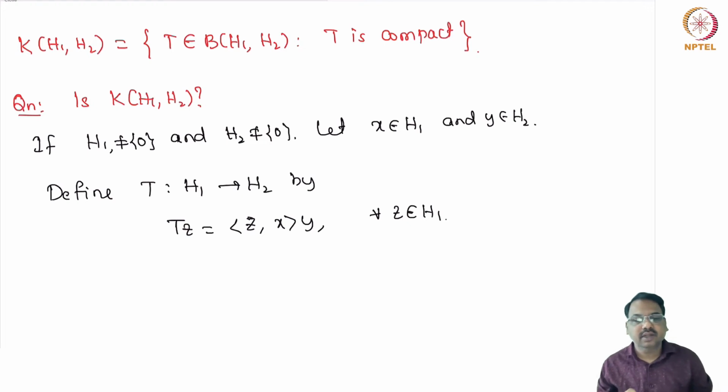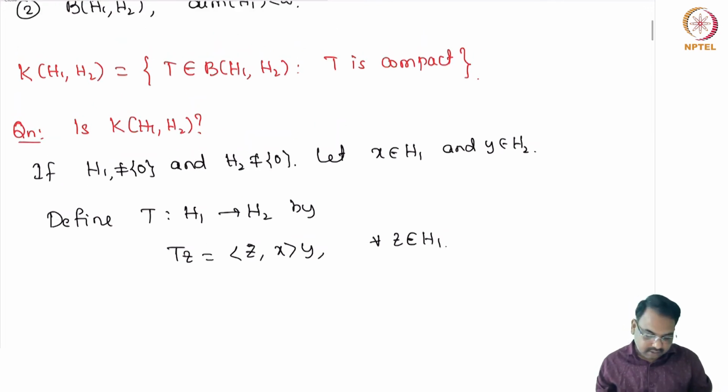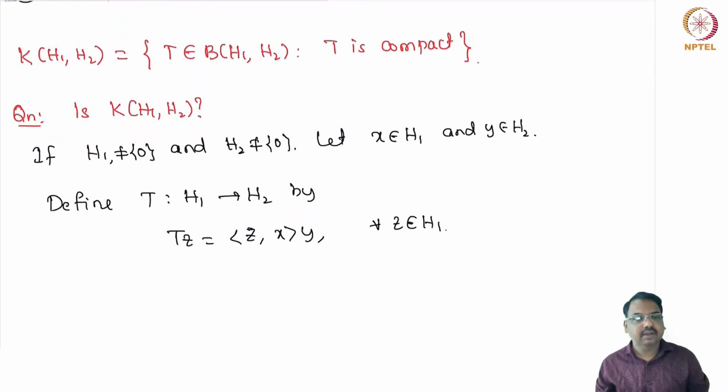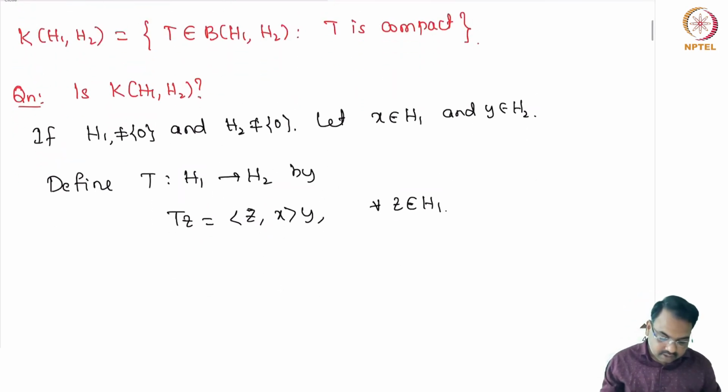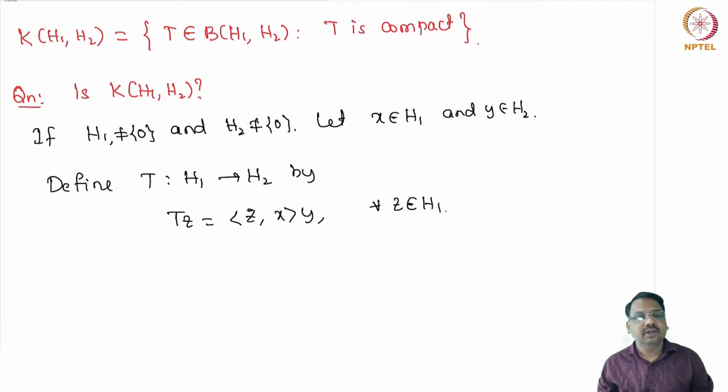So this is a bounded finite rank operator, hence it is compact. So we can say that this set K of H1, H2 is non-zero whenever H1 and H2 are non-zero. Now the question we can ask is, is K of H1, H2 a vector space?